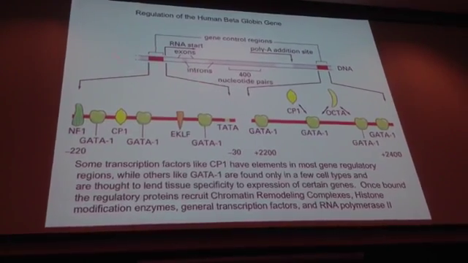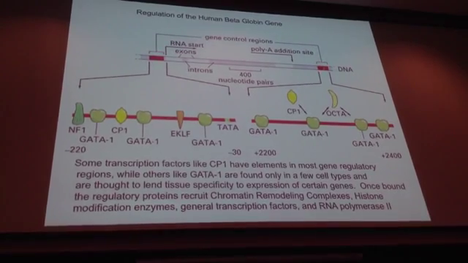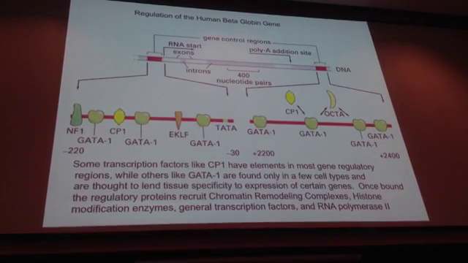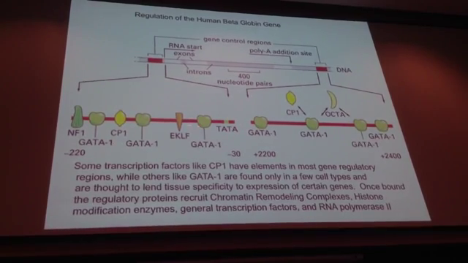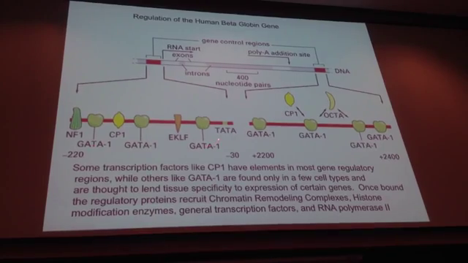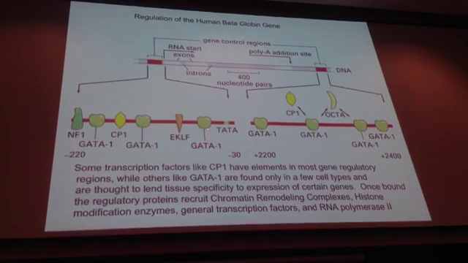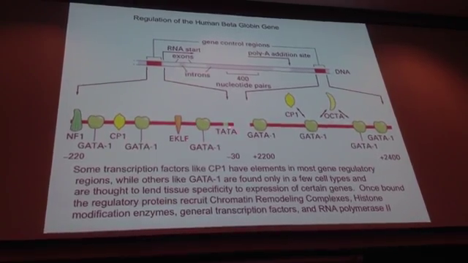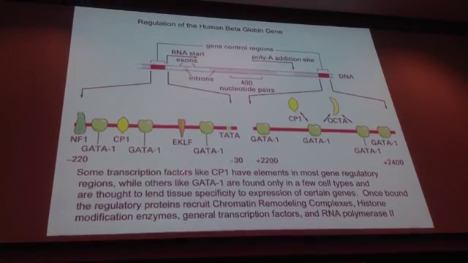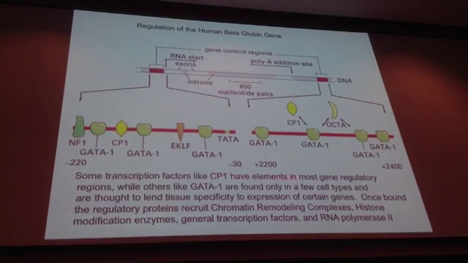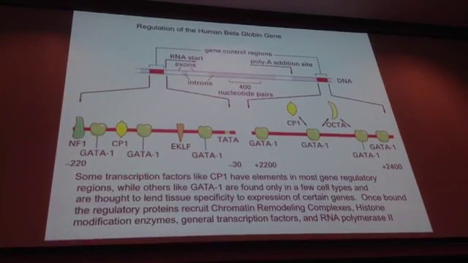This is the upstream promoter region, and there's also a downstream promoter region in the globin genes. Here's the top box, and here are all of these other proteins that are binding there. All of these proteins are binding to different sites on this gene, and they all regulate expression of that gene. Some transcription factors, like CP1, have elements in most gene regulatory regions.